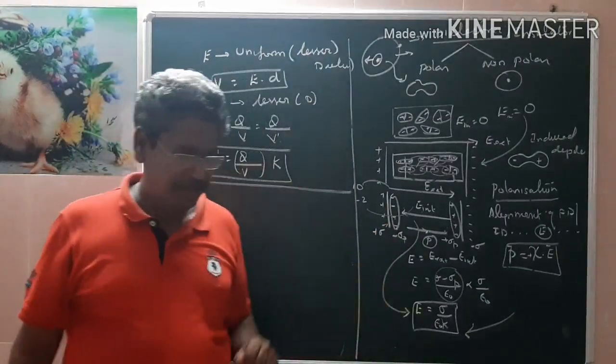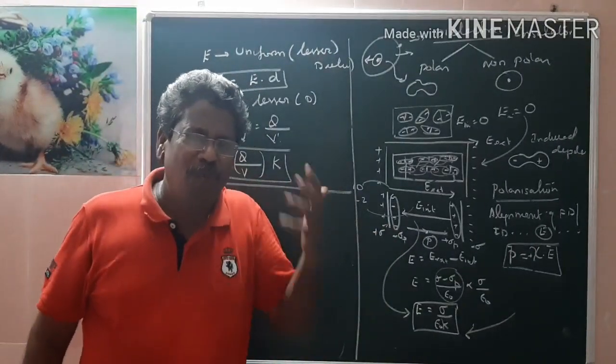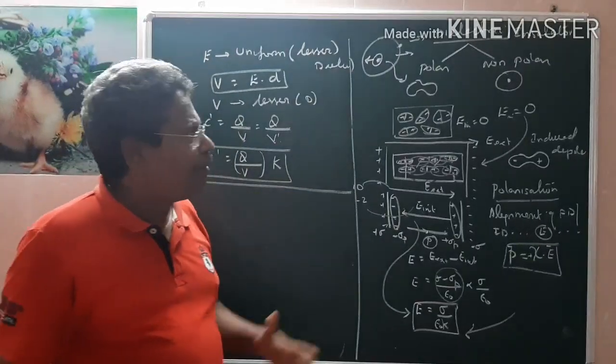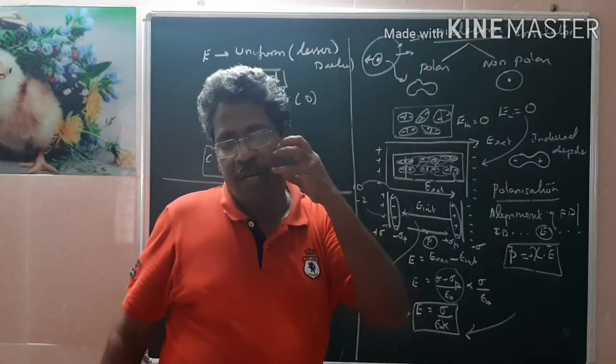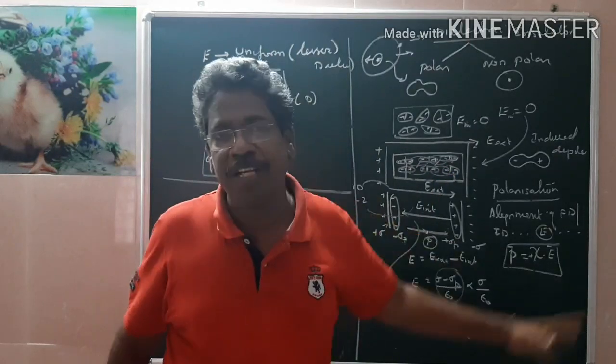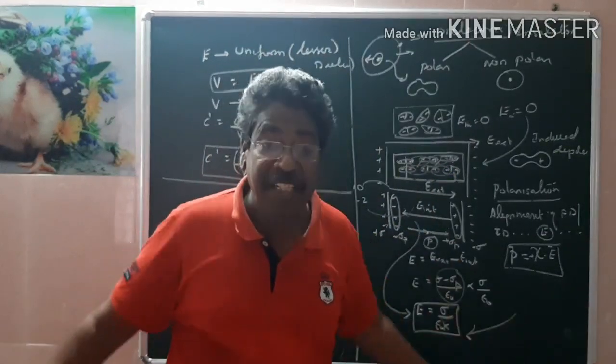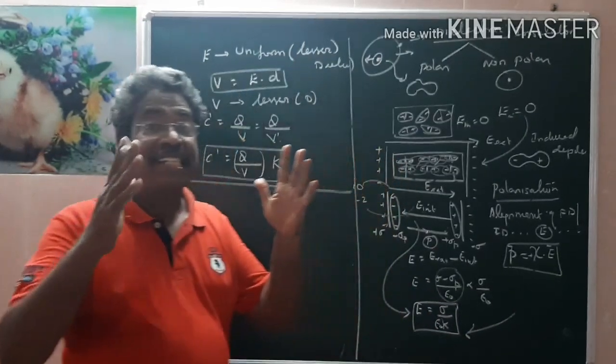Suppose I say it another way. I am increasing the electric field more and more. Up to a particular limit, the molecules will get displaced as dipoles. Beyond a certain field, the electrons will get displaced. Now the dielectric will break down. That is called dielectric strength.